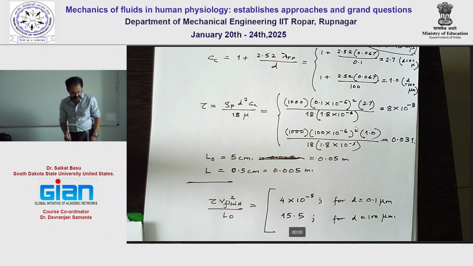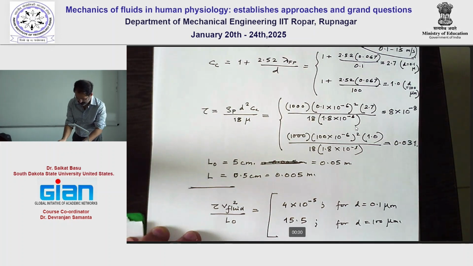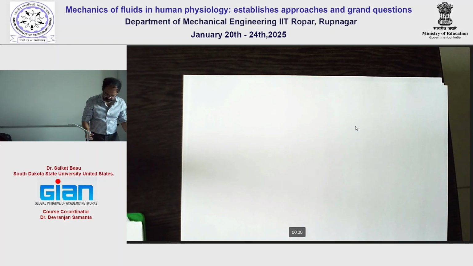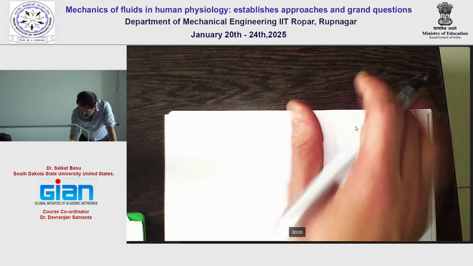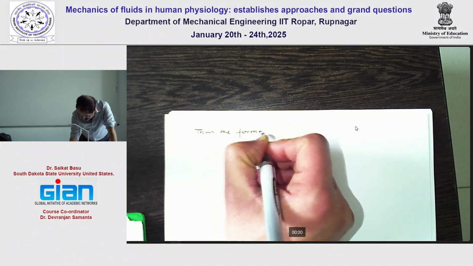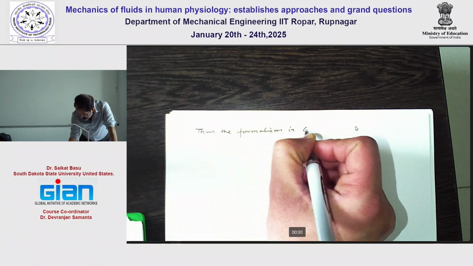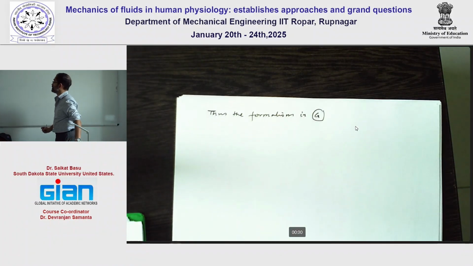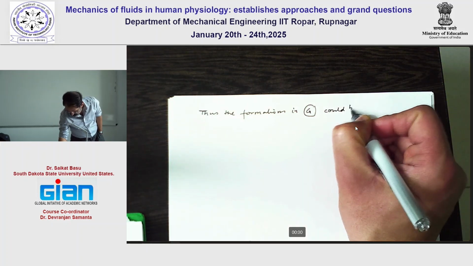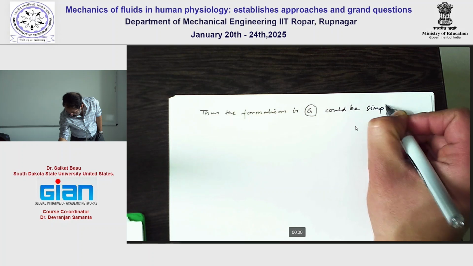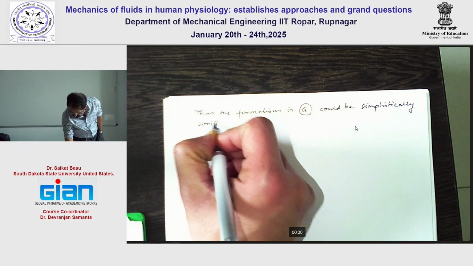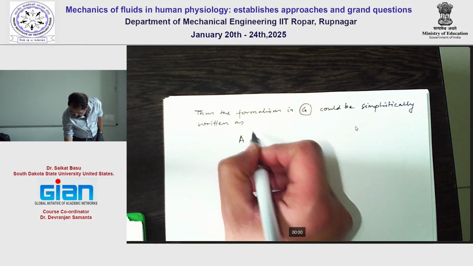So now we have all the values that we are going to need. Let me write down the problem statement. Thus the formalism in G, which is that inequality that we have derived, could be simplistically written as A t plus B e to the power of minus t over tau minus B minus L is 0.